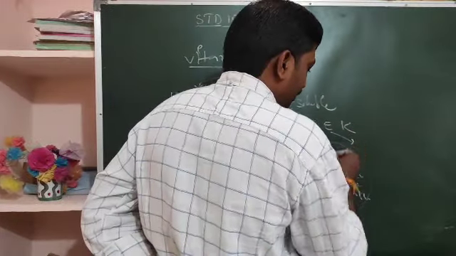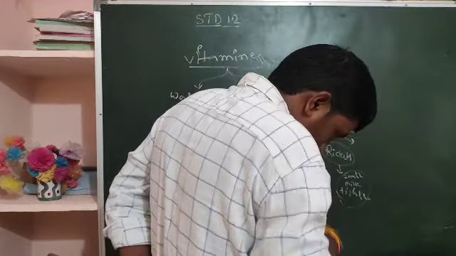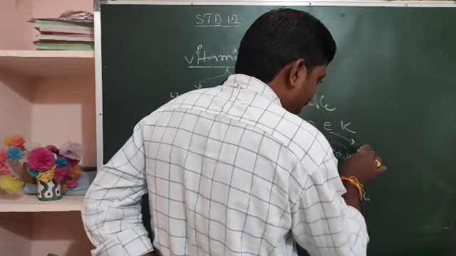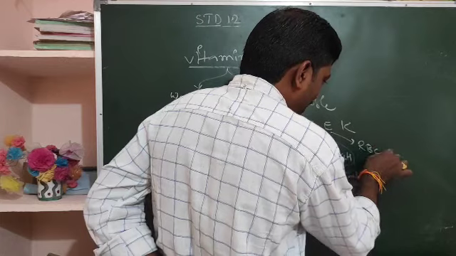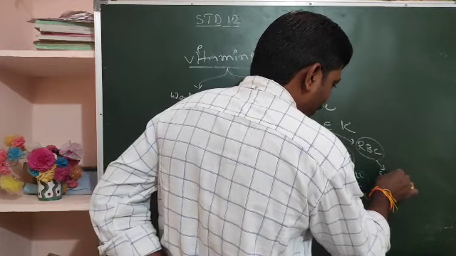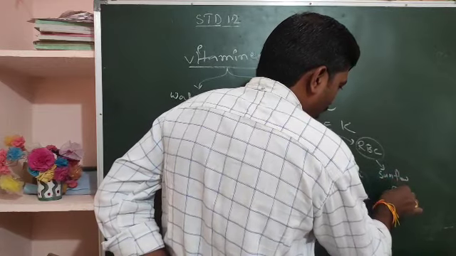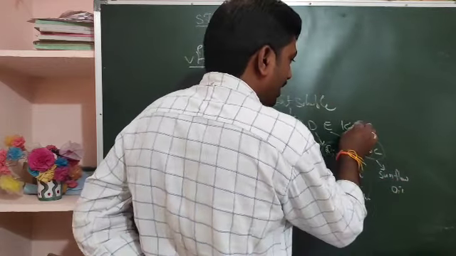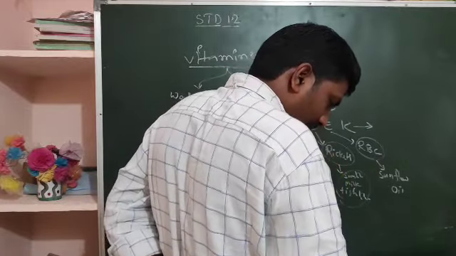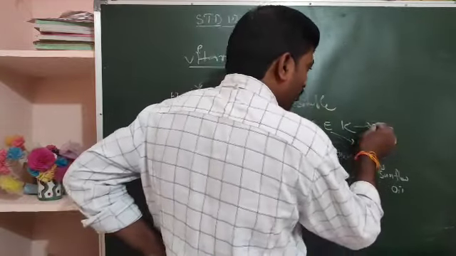Next, E vitamin is present in sunflower oil; deficiency causes red blood cell problems. K vitamin deficiency causes blood disease, hemophilia.